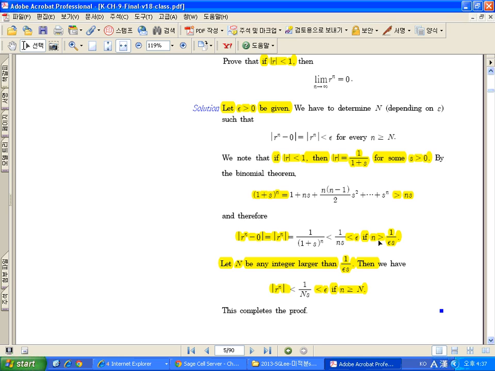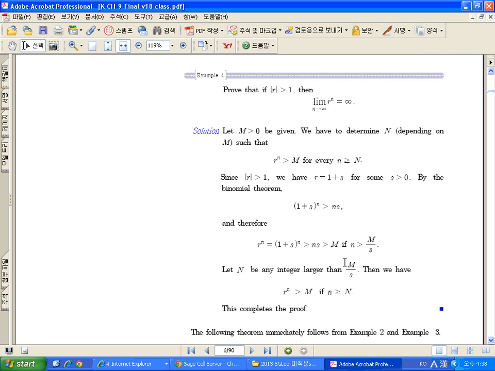So all we have to do is choose a capital N as any integer larger than 1 over epsilon, then if we choose the little n which is greater than or equal to capital N, then always r to the n minus 0 is less than epsilon. So this completes the proof of the limit.